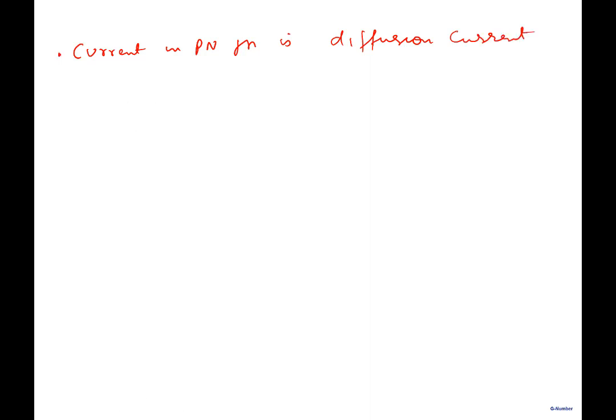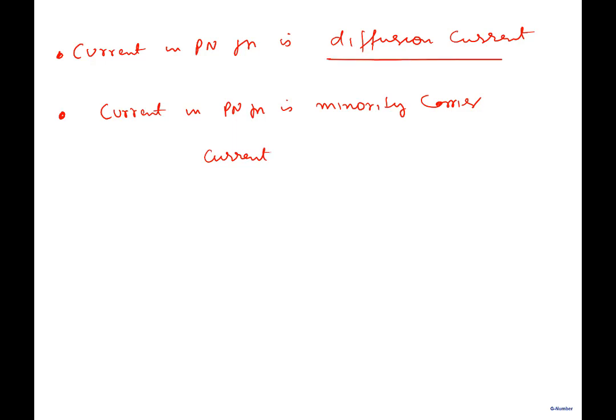There are people who make that statement. All of you must have heard: current in a PN junction is minority carrier current. Diffusion current, minority carrier current. Would you agree with these statements?